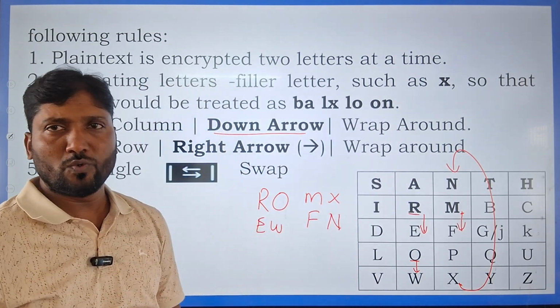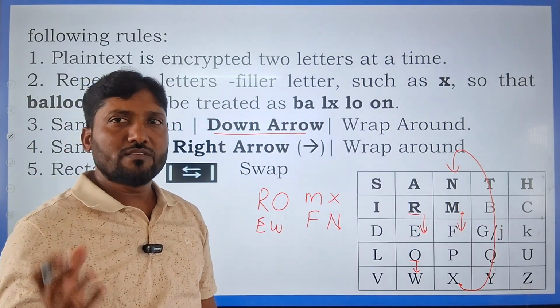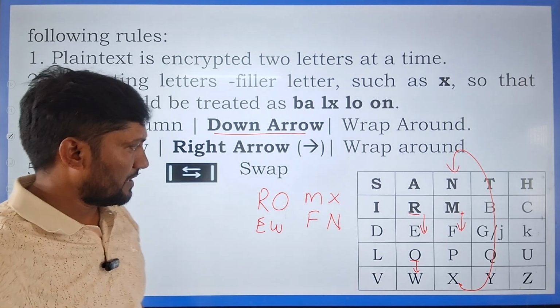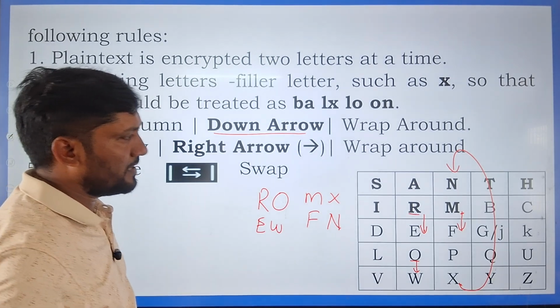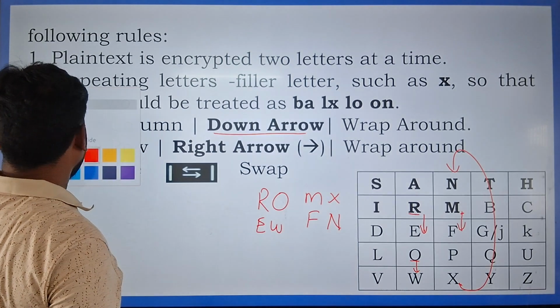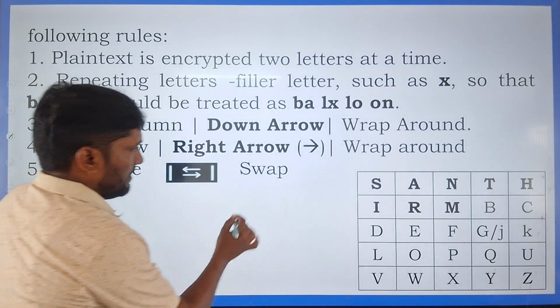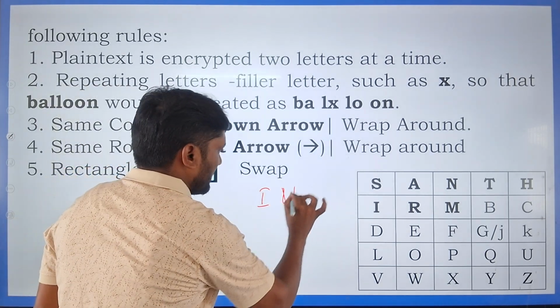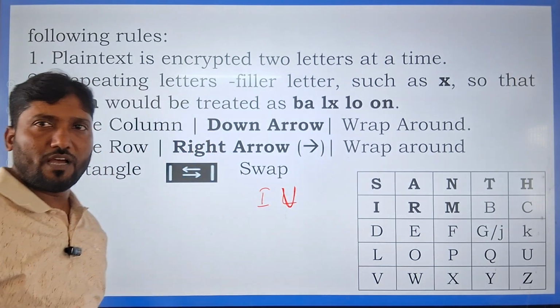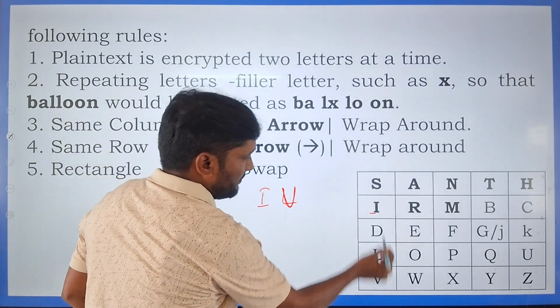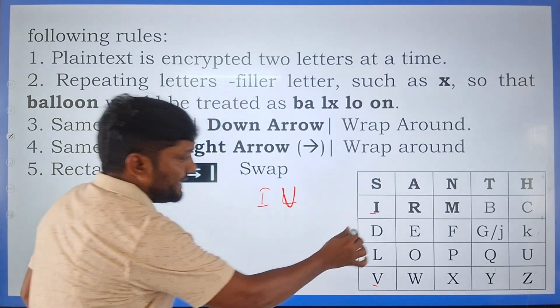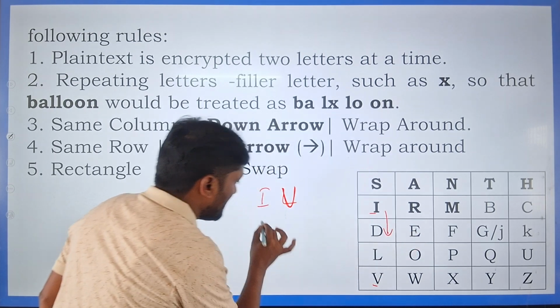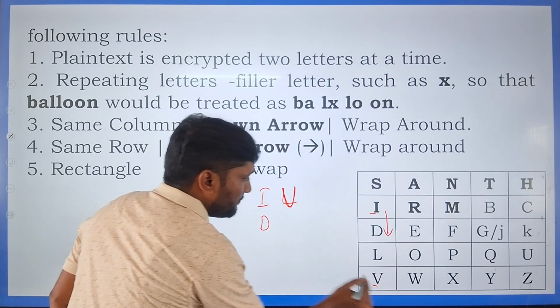Just like this, we generate the ciphertext for the plain text. Take one more simple example to understand clearly: IV. Where are I and V? In the first column there are I and V. What is the down letter for I? D. What is the down letter for V?